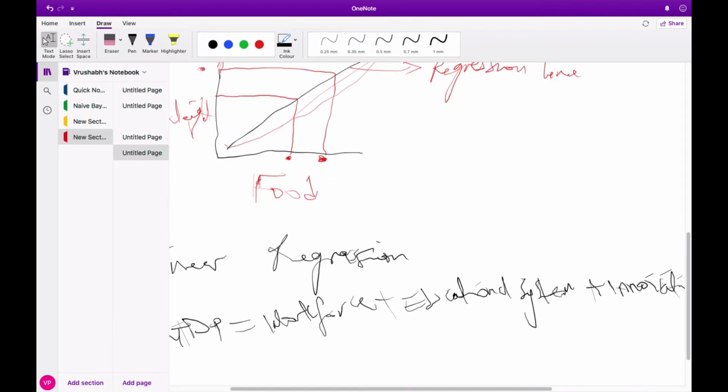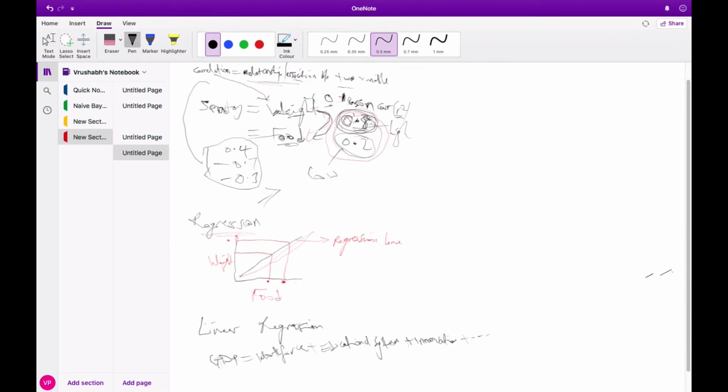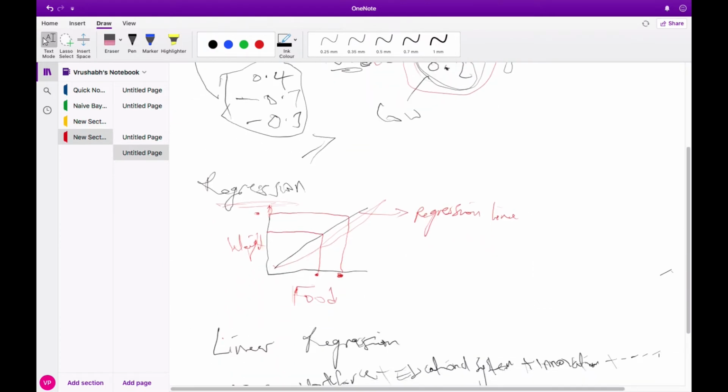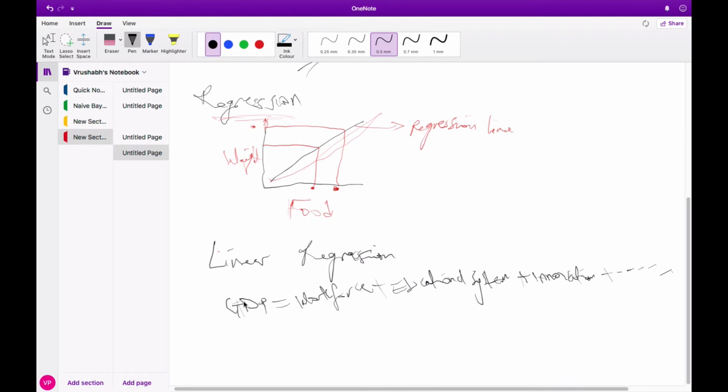If we want to find the relationship that exists between GDP and all these factors, we can say that this is our target, this is what we want to predict.